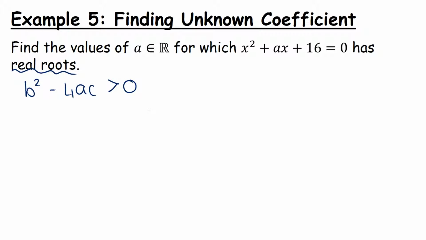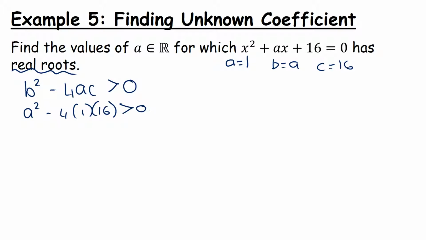So using our equation here, we have a is equal to 1, b is equal to a, and c is equal to 16. So let's sub into our formula. So this is a squared minus 4 by 1 by 16. So that must be greater than 0.